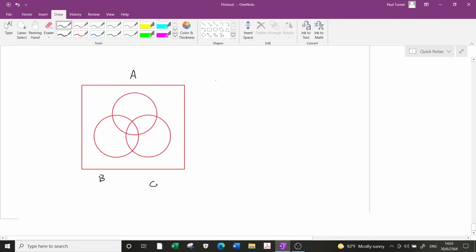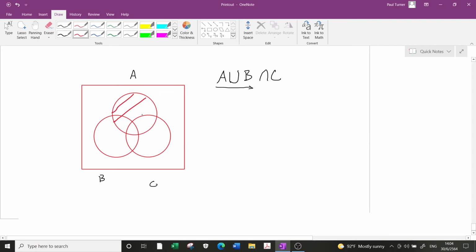How about we practice a few more Venn diagrams so you get a bit more comfortable with that? So I've drawn one here. We have 3 sets, A, B, and C. How about we shade in A union B intersecting C. Now there's no brackets here, is there? So we go left to right. We go this way if there are no brackets. So A union B, what is A union B?